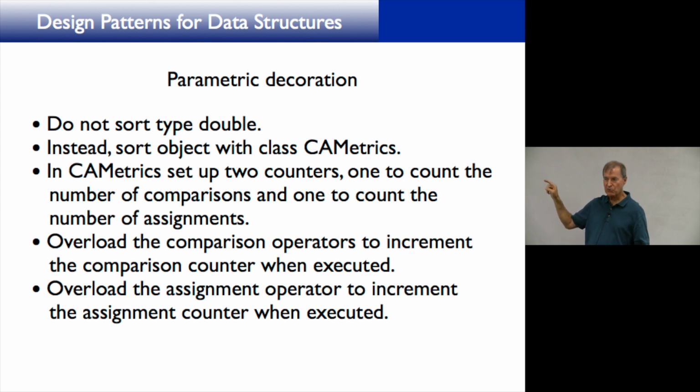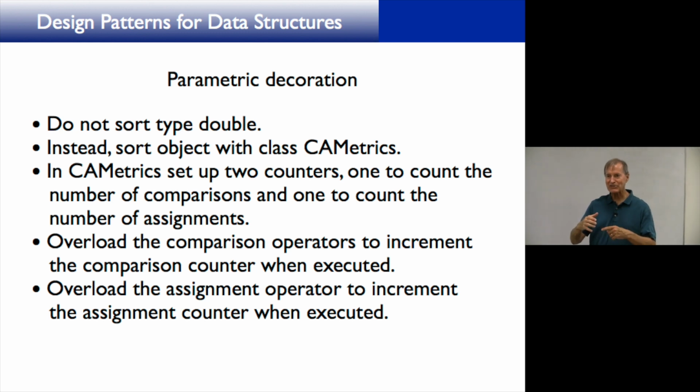All right? So we're going to write a new class called CA Metrics. And instead of sorting doubles, we're going to sort objects that have class CA Metrics. Do you see what I mean? So we're sorting objects now. We're not sorting doubles, we're sorting objects. And why are we sorting objects? Because we don't want to just sort doubles. We want to sort doubles, but as we are sorting the doubles, what do we want to have happen?